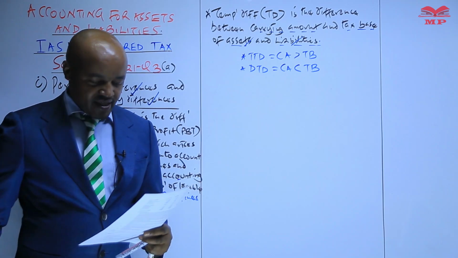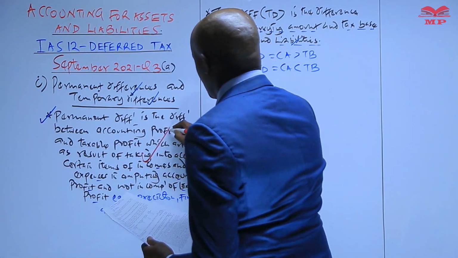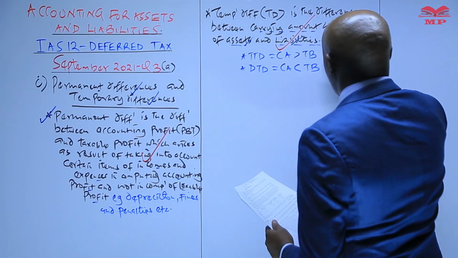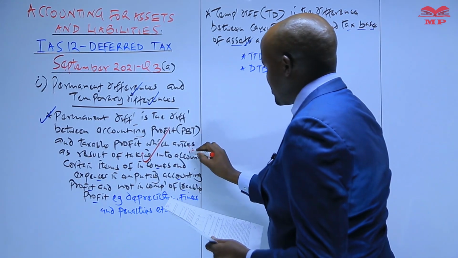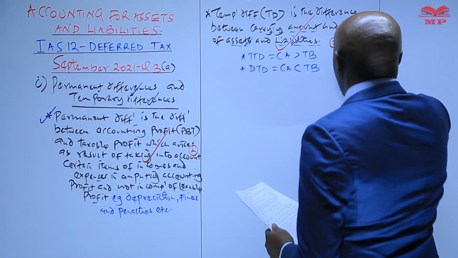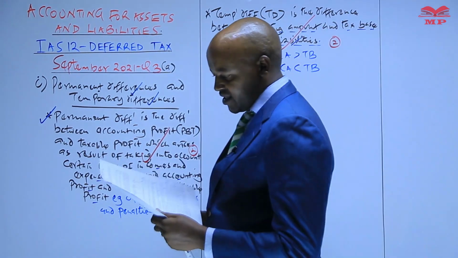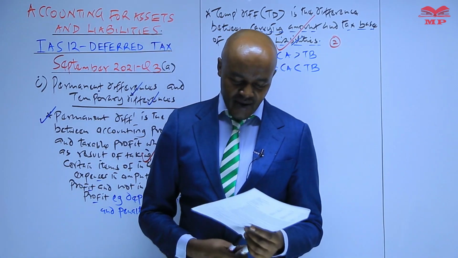So that is what was required in Roman 1 of that question. By doing that, a candidate was supposed to get 4 marks: 2 marks for explaining a permanent difference, and equally 2 marks for explaining a temporary difference.